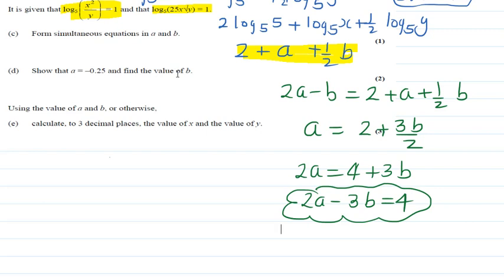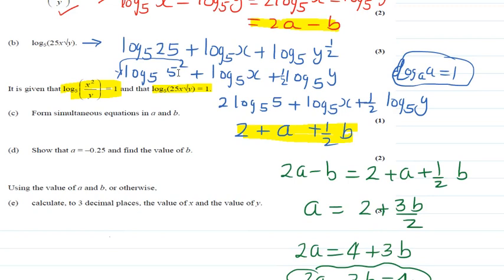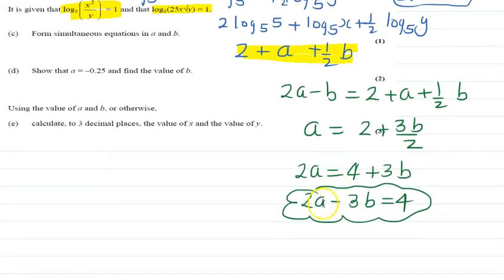So let's find the value of a and b first. So we have the equation 2a minus b equal to 1, and here we got 2a minus 3b equal to 4. So let's solve the equations simultaneously. 2a minus b equal to 1, that is the first equation, and from here 2a minus 3b equal to 4.